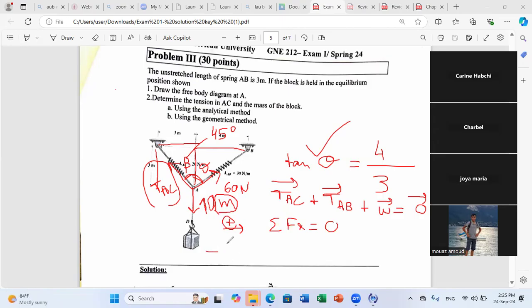So minus TAC. Now beta is 45, so you can do cosine or sine, it doesn't matter. But if you take beta here as the angle, on X you should use sine. So minus TAC sine beta, and I replace beta by 45.